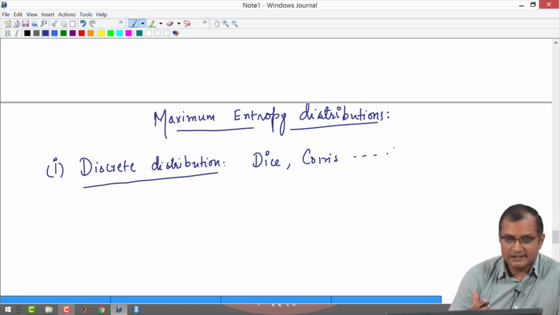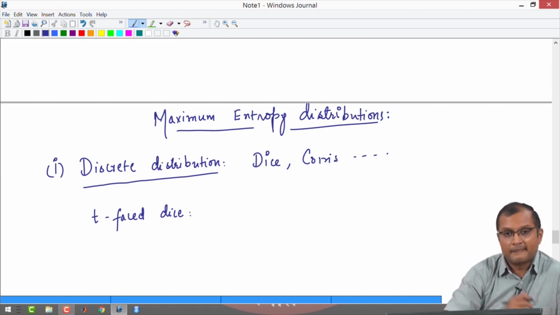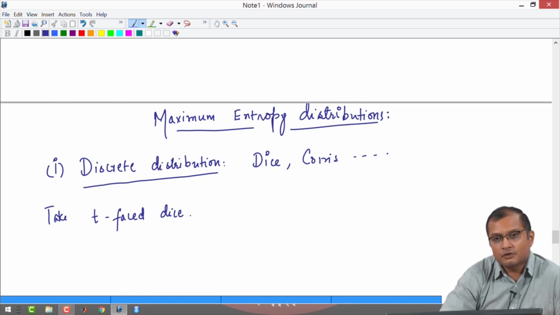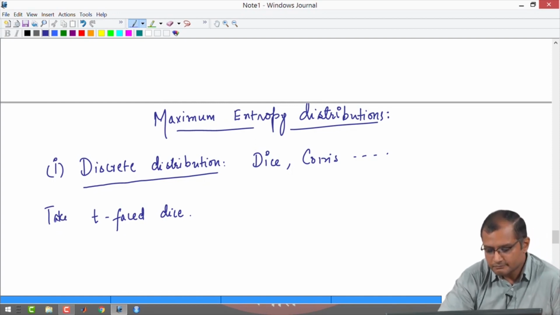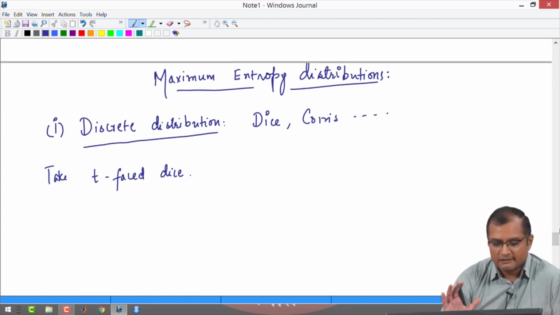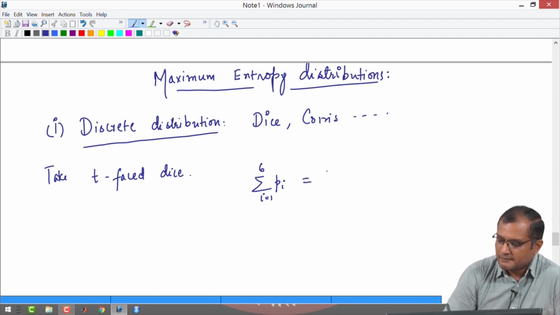I am going to take systems of dice, coins, and so on. So, you take for example, a T phased, like before, a T phased dice, a dice which has T phases. Okay. And now you say that I know only one thing, that the sum of probabilities of each phase is unity.